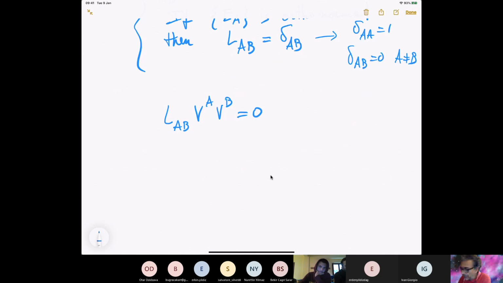This must imply that the determinant of L_AB as a matrix is different from 0. Okay. So how do we prove this?